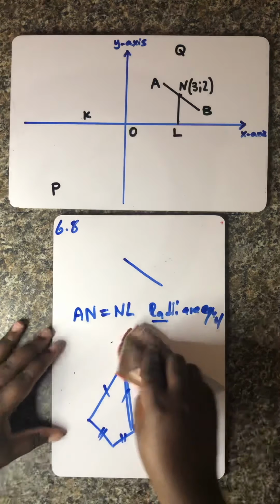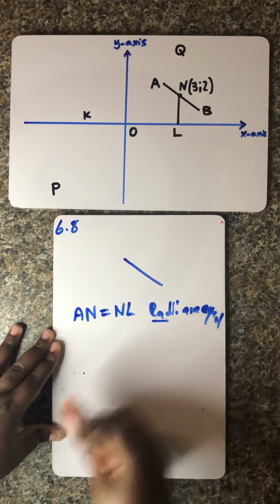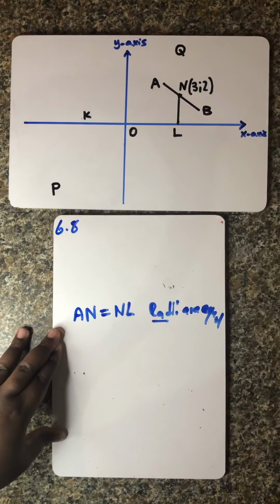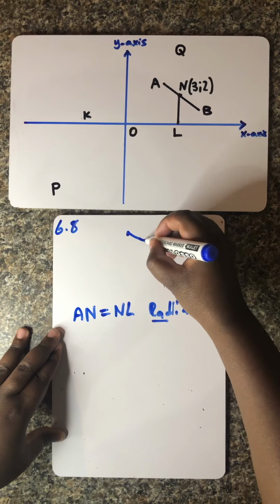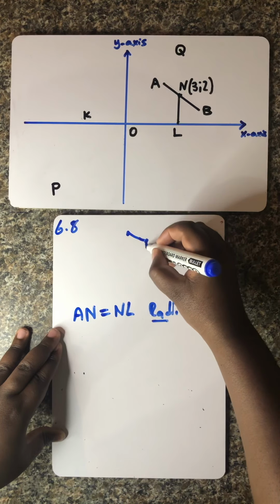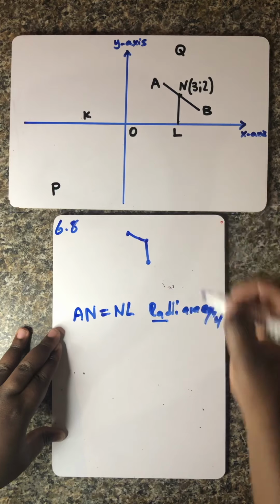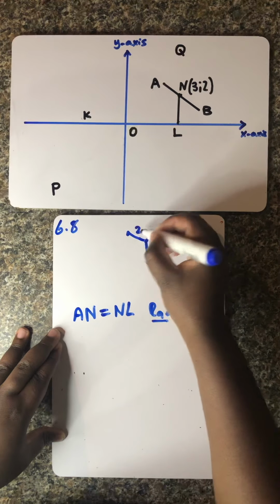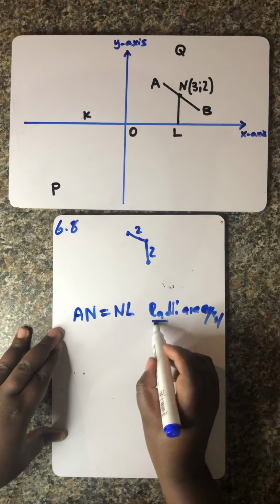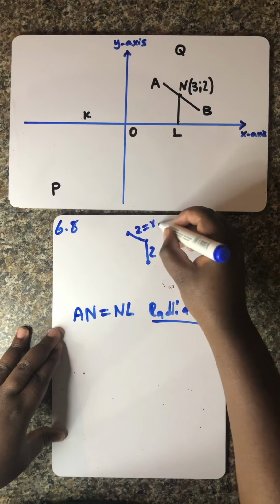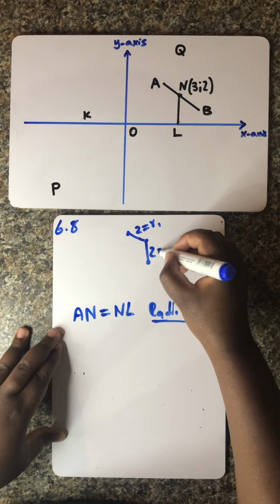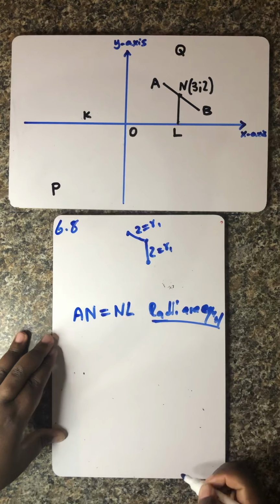So now I think it will make sense. Let me just try to redraw it over there. Remember, this is from A to N, and then you've got that one over there. So remember, this is 2, this is 2. That's why I'm saying radii are equal. So that means radius number 1 is the same as that radius over there. Okay, very, very much important, ladies and gentlemen.